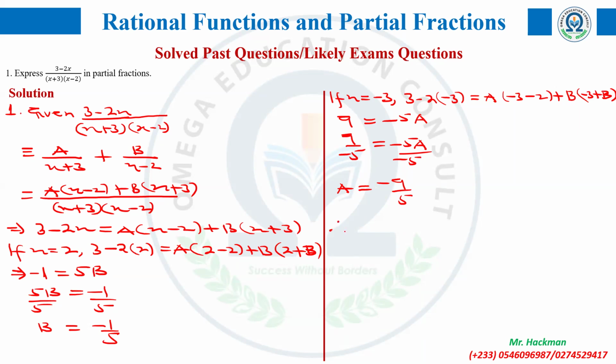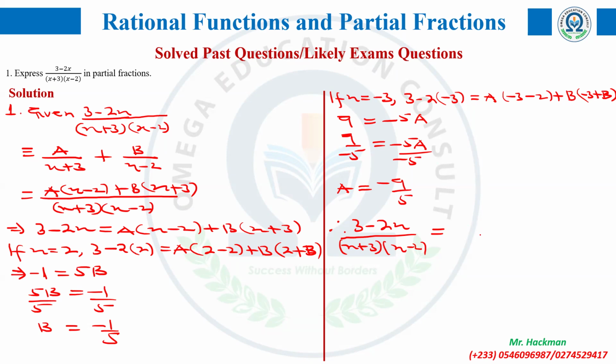So therefore, what I was asked to resolve, 3 minus 2x all over x plus 3, x minus 2, will be equal to. So let's see which one is positive. All of them negative. So here I don't have a choice. I have to start with a negative. But I'm matured enough to know, if you are not matured, you carry out your first substitution. So I'm going to do that just to guide you.